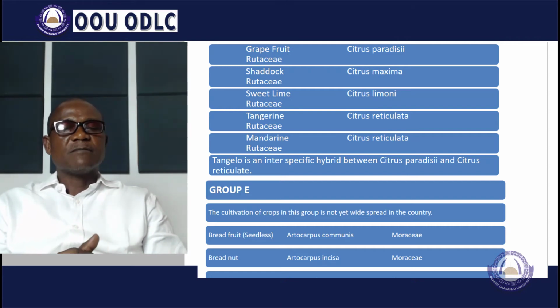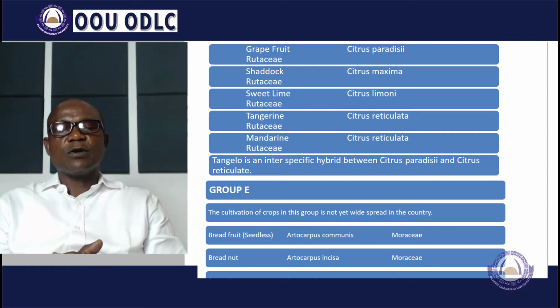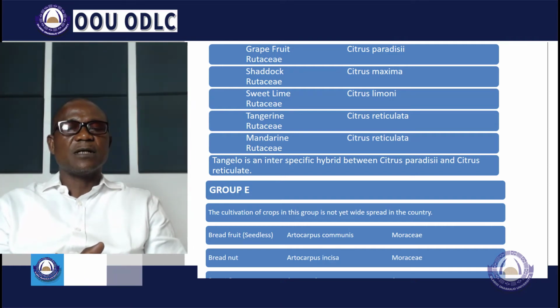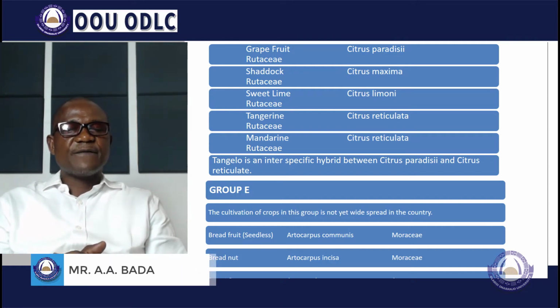Group E. The cultivation of crops in this group or category is not yet widespread in the country. Breadfruit, seedless breadnuts, sweetsop, soursop.